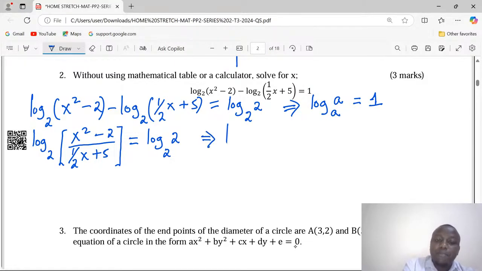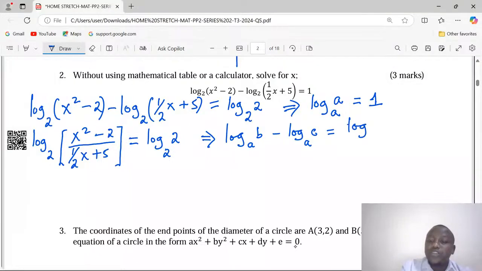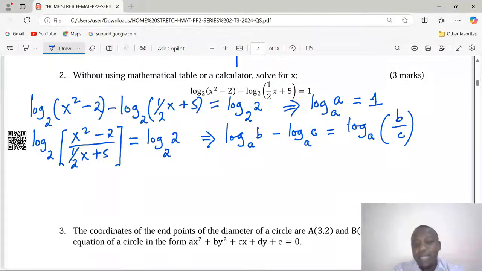The law applied here is log of b to base a minus the log of c to base a is equal to the log to base a of b divided by c. So as long as the bases are the same, you just divide the numbers whose logarithms have been obtained.